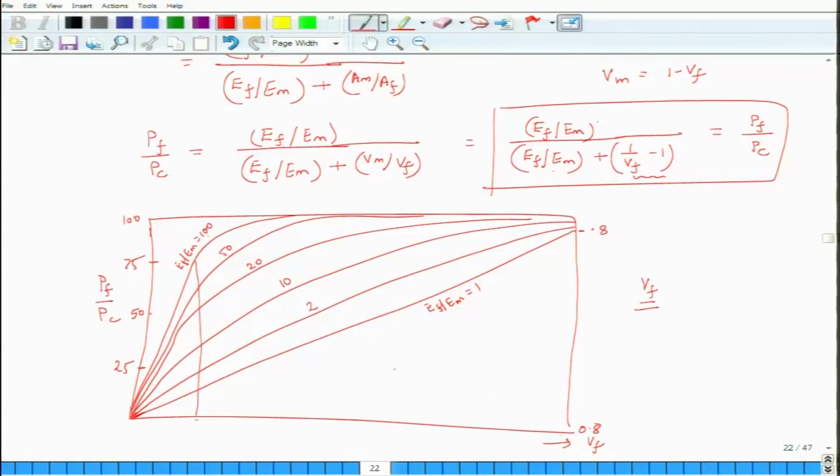Naturally, we would want to maximize Vf as much as possible, but for practical reasons it is very difficult to increase Vf over 80%, because once you have more than 80% fiber, the matrix material finds it hard to flow between all the fibers and stick them together.